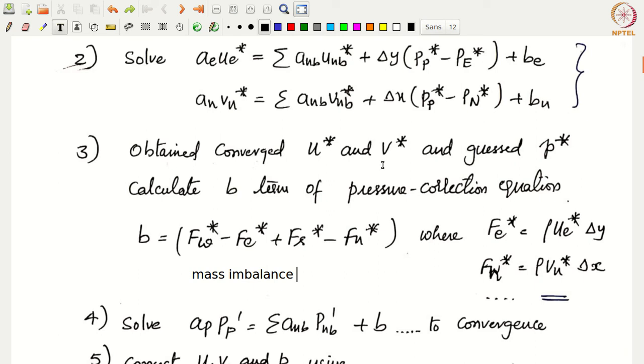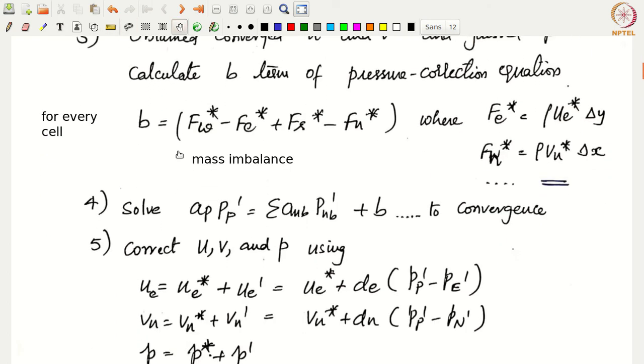These are the values that will be used in calculating the star value of the mass flow rates on the faces. That means you will calculate this B term for every cell in the entire domain, right? So that is what is done.